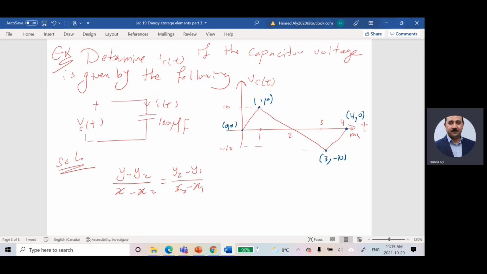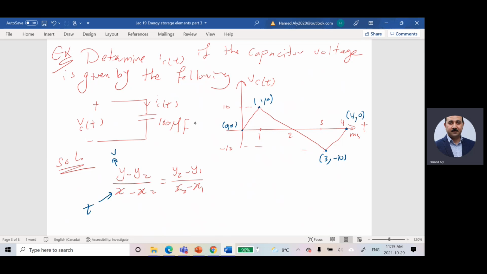So I will show you only one equation, and I'll leave the rest to you because it is straightforward. Let us talk about the first line. What does y represent here? Actually, y is representing v, so I will substitute it by v. And what is x? X is the time. I will assume that this point is point 1, and this point is point 2.